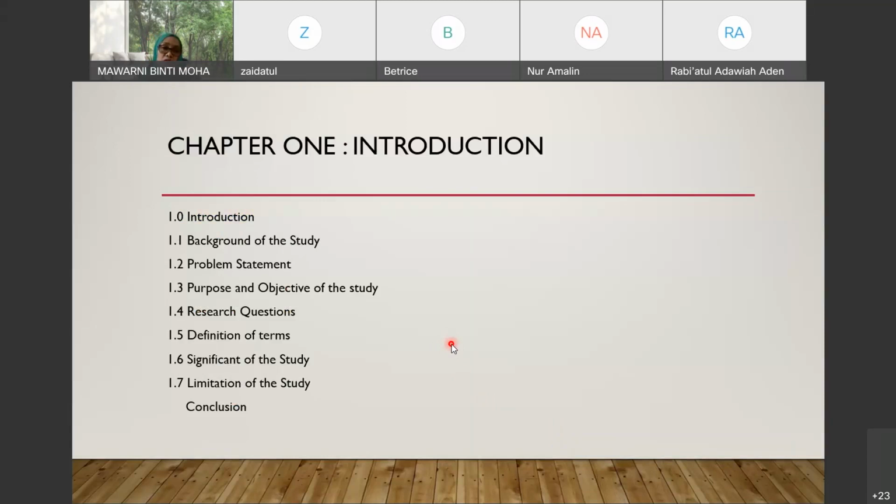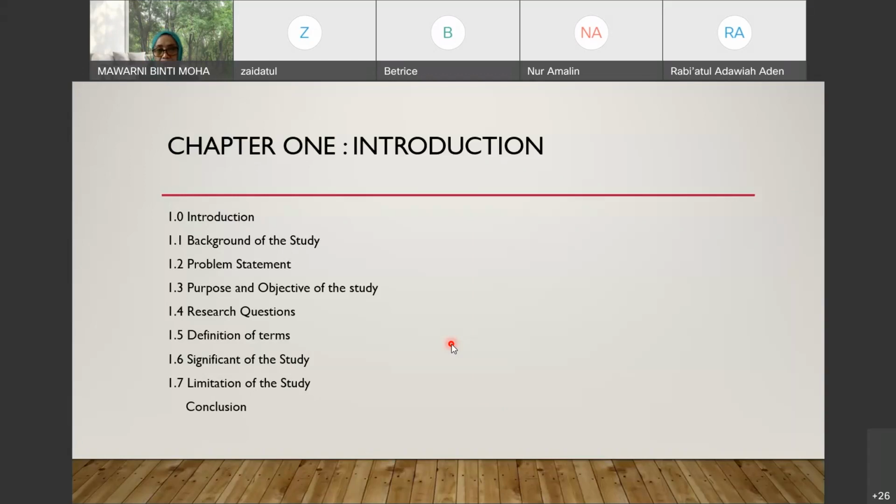I'll try to compress them all within this 1.5 hours, and hopefully it will give some good information to you, all right? This may not be the perfect one, because different researchers and different books have slightly different ways of highlighting or listing the aspects that need to be put in each chapter.